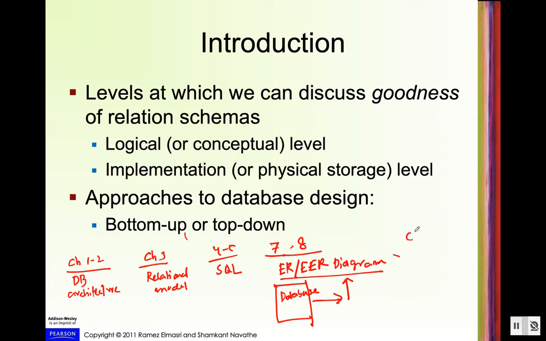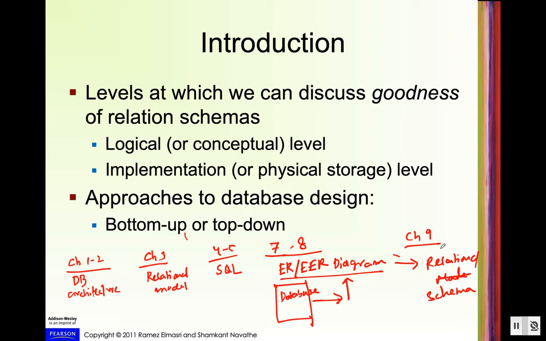And then in chapter 9 we talked about how we can map this ER diagram into relational model, so into relational schema. Okay, how we map this ER diagram into relational schema.